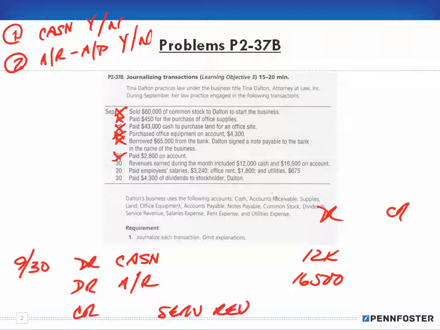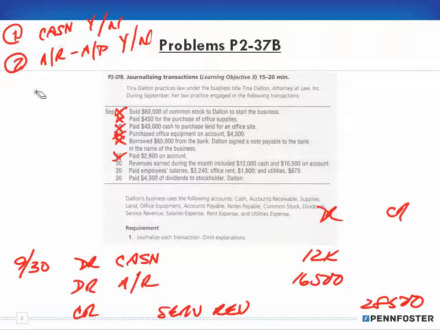I would then just add these two numbers together and get 28,500. I would have backed into my credit, and I would have totaled these up to figure out what the amount of my credit would be to the service revenue, even though it doesn't tell me in this transaction what that service revenue amount would be. And so that's how I would have mentally created my journal entry.